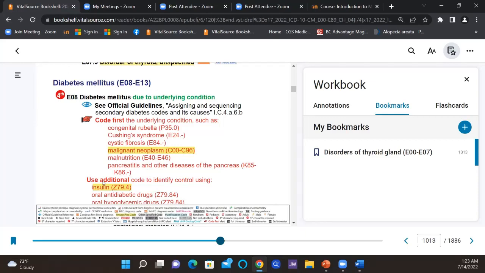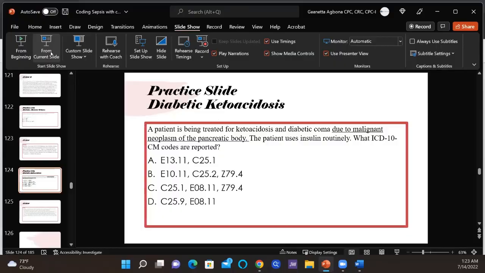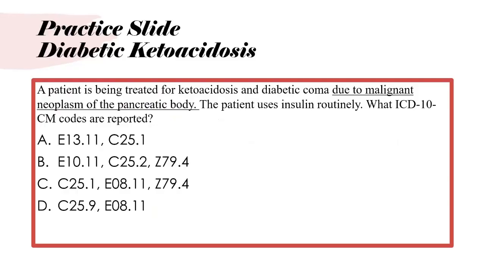So now that we have an idea of what we need, let's go back to the question. So we now know the answer can't be A or B because the appropriate category is E08. And if you didn't want to look up anything, we could say that D doesn't report that the patient is taking insulin.